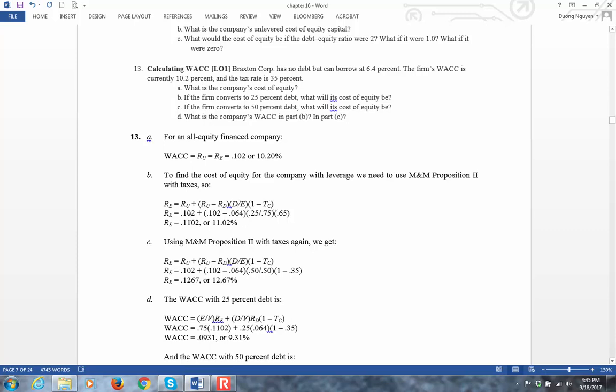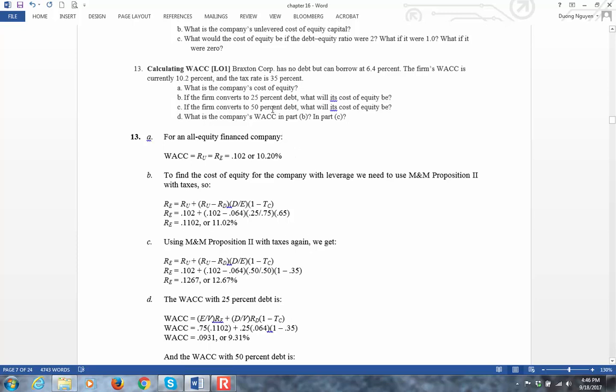R_U, the unlevered cost of capital, we calculated before as 10.2%. And 10.2 minus 6.4 cost of debt, times debt equity, which is 0.25 over 0.75, times 0.65, which is 1 minus tax, and cost of equity is 11.02%.